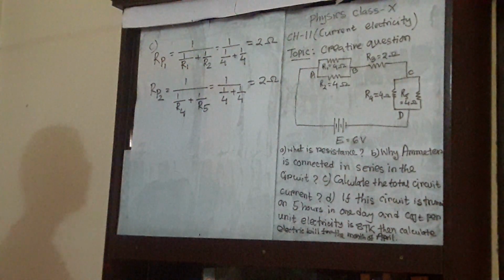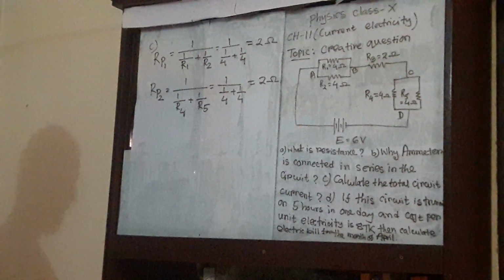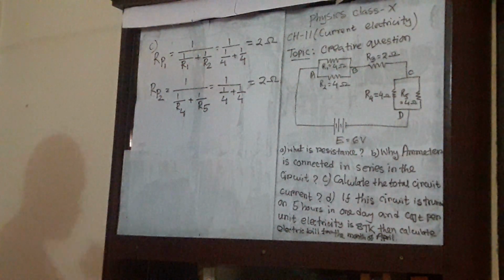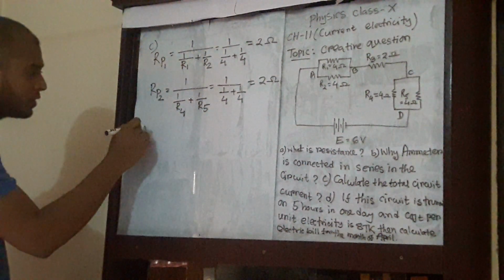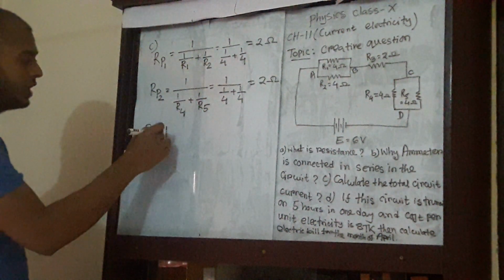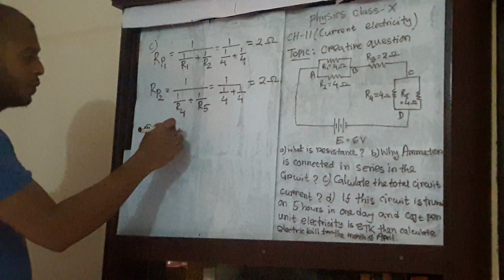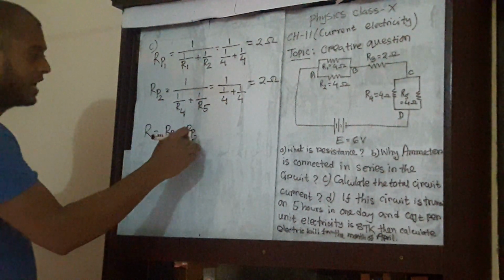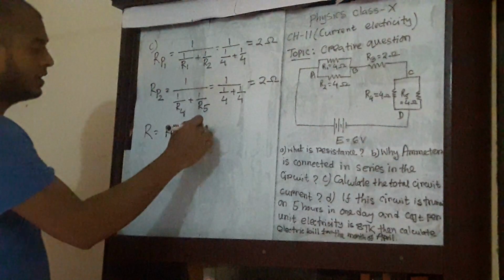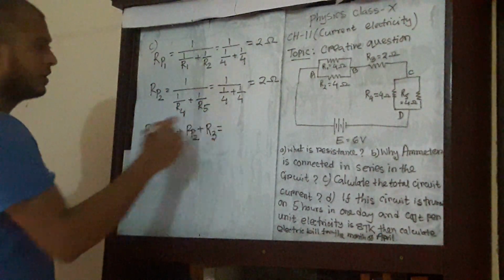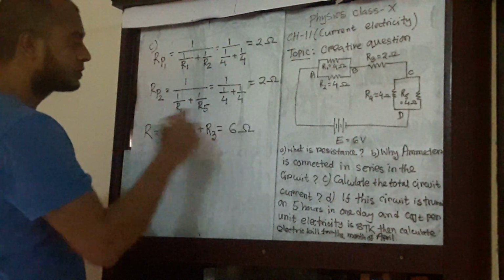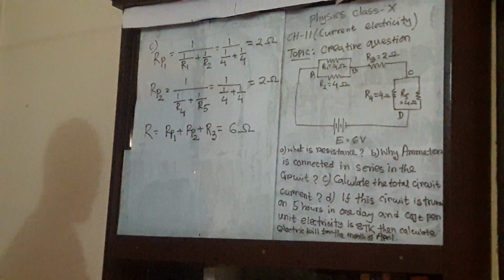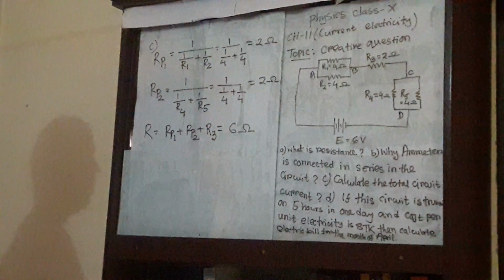Now the total resistance of the whole circuit, R, will be equal to RP1 plus RP2 plus R3. So total resistance becomes 6 ohm.